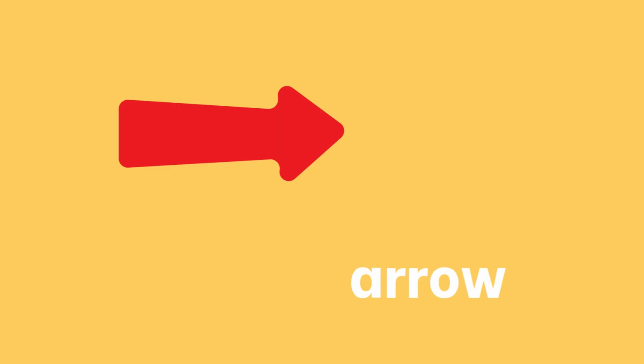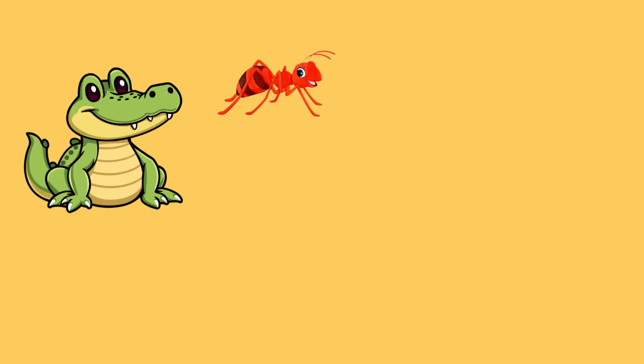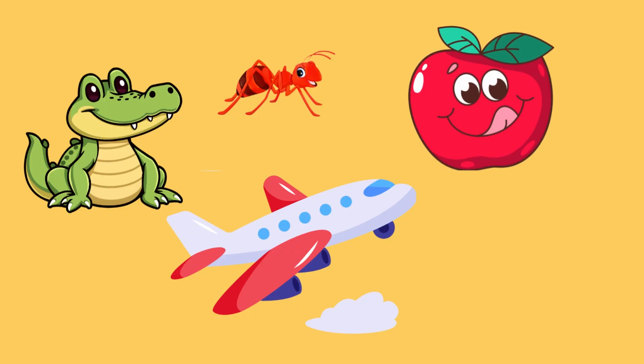A. Arrow. Now I will tell you a little short and simple story. An ant and an alligator. Alligator went on an airplane to find a big red apple.